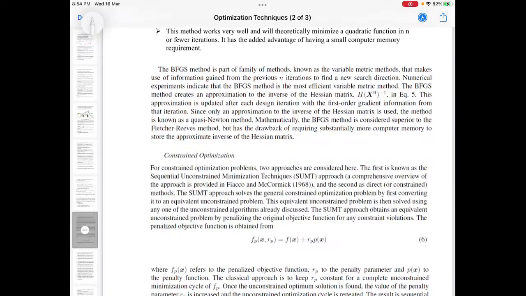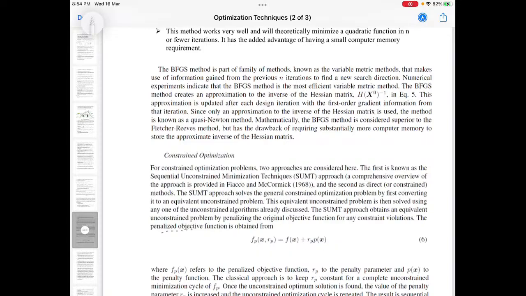This equivalent unconstrained problem is obtained by penalizing the original objective function for any constraint violation. If there is any constraint violation, the penalizing function creates a penalizing value, and the original objective function will be modified based on that value. How that is done is evident from the following equation.